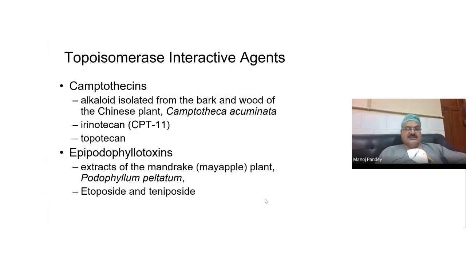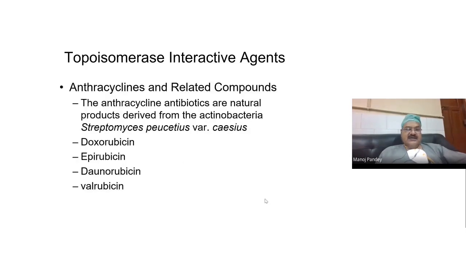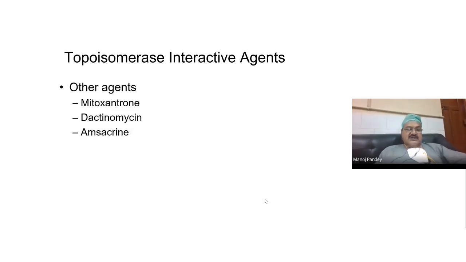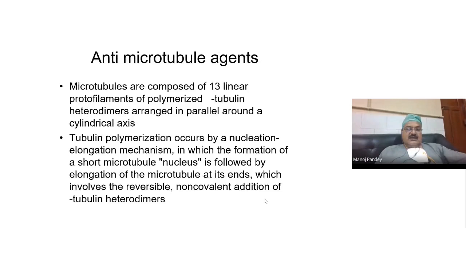Among these, drugs are classified as camptothecins, epipodophyllotoxins, and anthracyclines like doxorubicin, epirubicin, daunorubicin, and valrubicin. The word rubicin at the end indicates that they are red-colored compounds. Mitoxantrone, dactinomycin.